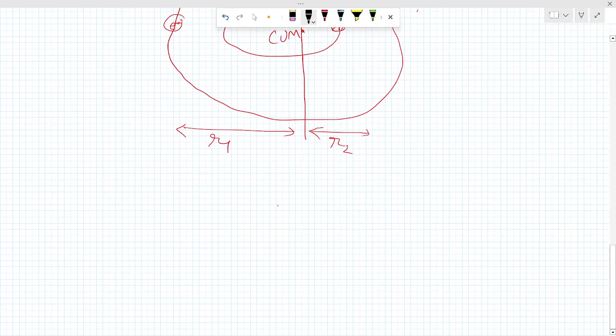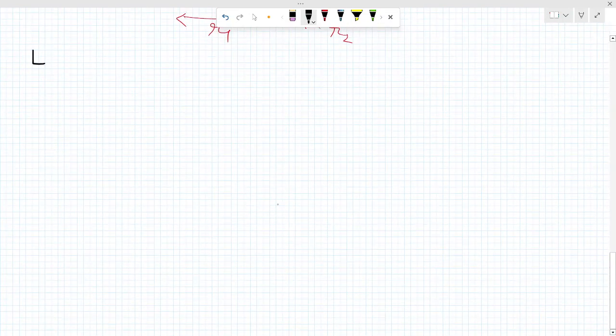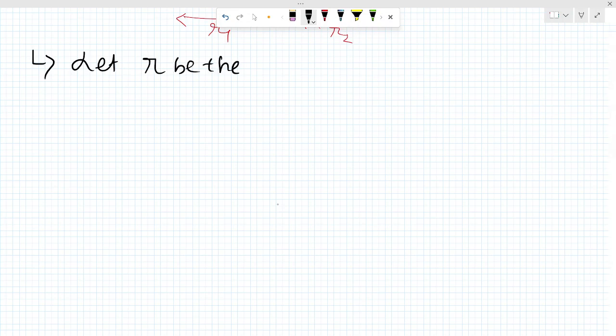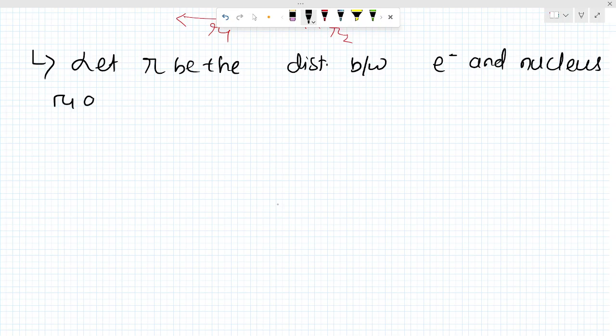Let me write what I have drawn here. Let R be the distance between electron and nucleus, r1 and r2 be their distances from the center of mass.